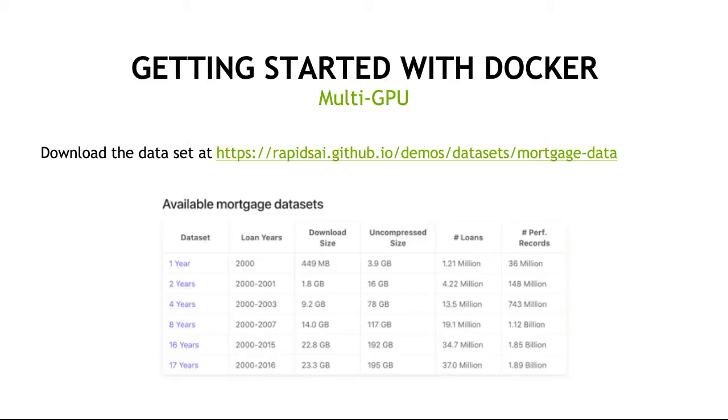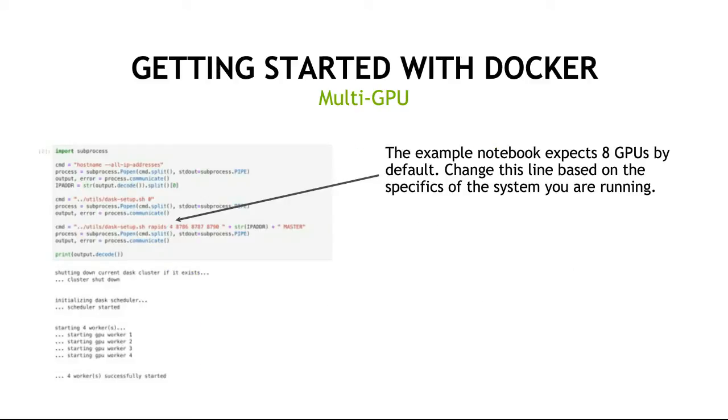We have made the data available in various size data sets at the URL you see below. To run the demo, download a data set of an appropriate size for your particular hardware configuration. Once you have downloaded the data and launched the container with the volume containing the data mounted, some small changes need to be made to the Jupyter Notebook depending on your setup.